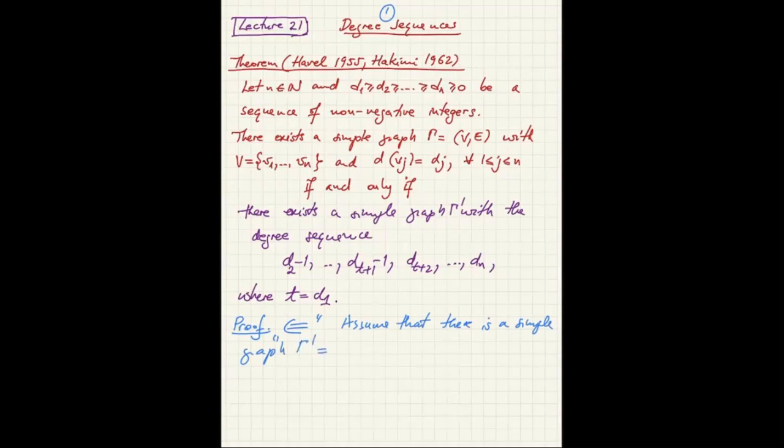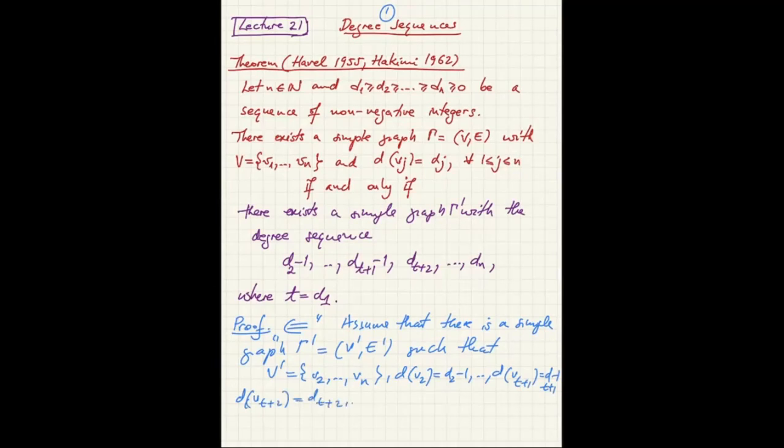Gamma prime, let's say with vertices v2 all the way up to vn, and the degree of v2 is d2 minus 1, all the way up to the degree of vt plus 1 is dt plus 1 minus 1, the degree of vt plus 2 is dt plus 2, and so on.